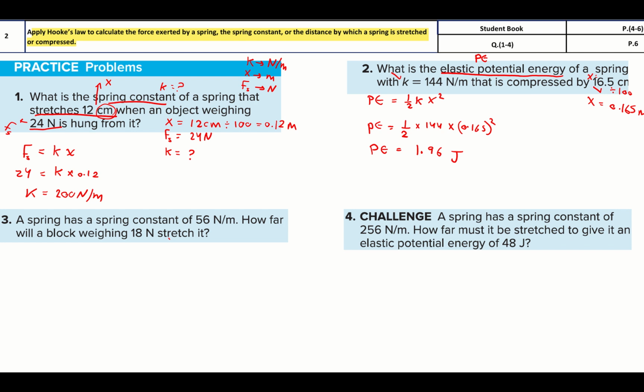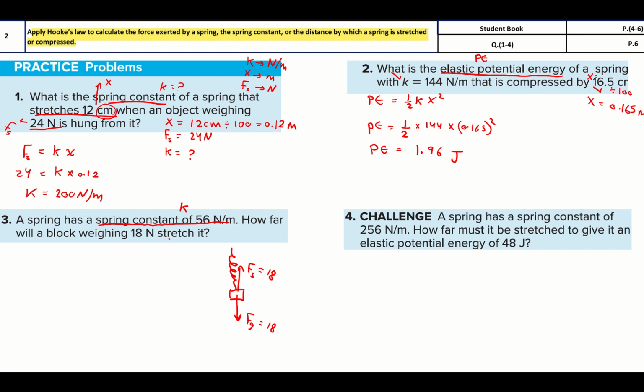Question 3. A spring has a spring constant of this much. So given is K, the spring constant. How far will a block weighing 18 newtons stretch it? So if we have a spring attached to a block, and this block weighs 18 newtons, that means that the spring force is equal to 18 as well, because when the weight balances out, the spring force upwards would be equal to the weight of the mass.